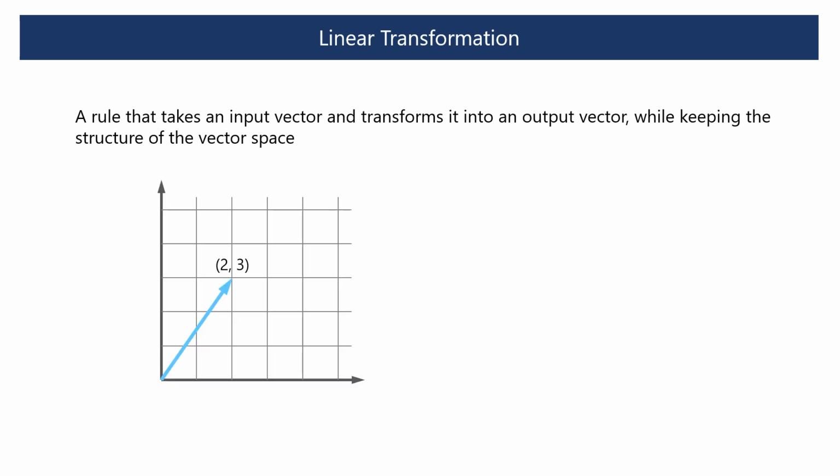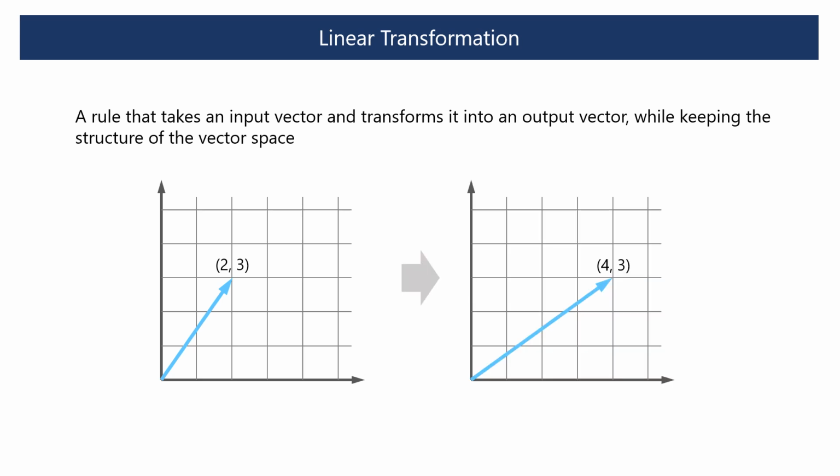Suppose we have the vector (2, 3) representing a point on a two-dimensional plane. A linear transformation that doubles the x-coordinate and leaves the y-coordinate unchanged gives the vector (4, 3). This is because 2 times 2 equals 4, and 3 times 1 equals 3.